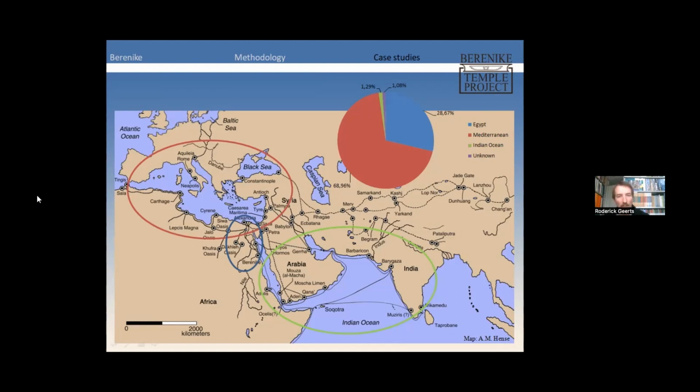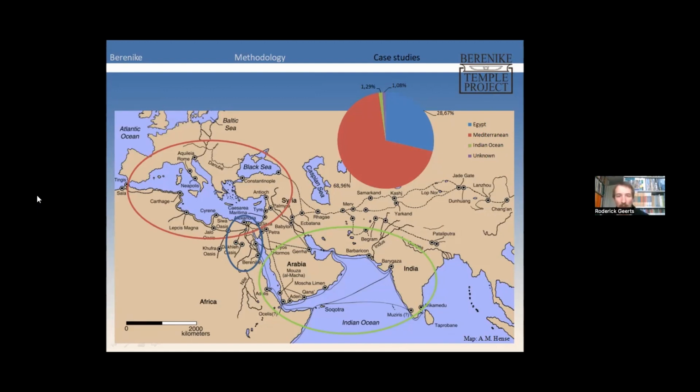And when looking at other sites in Egypt and the Mediterranean, we see similar patterns, that certain amphorae productions are flooding the market and are available everywhere, like the late Roman 1 amphorae. So this pattern fits into a broader pattern of shifting trade networks, and it's interesting to see that in Berenike as well.